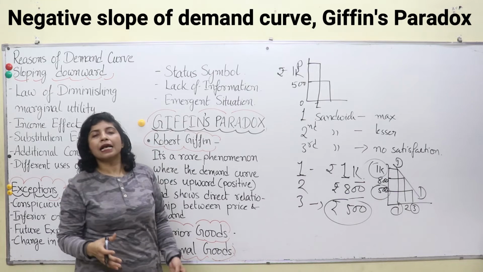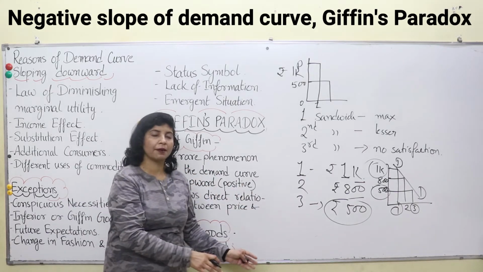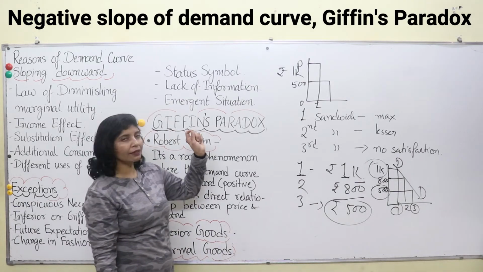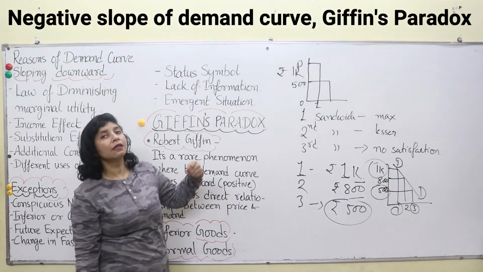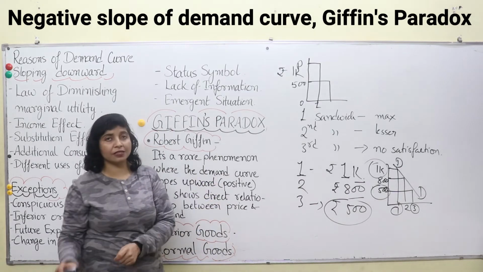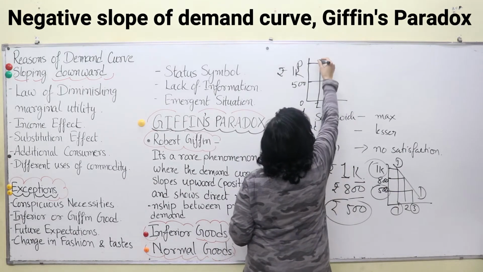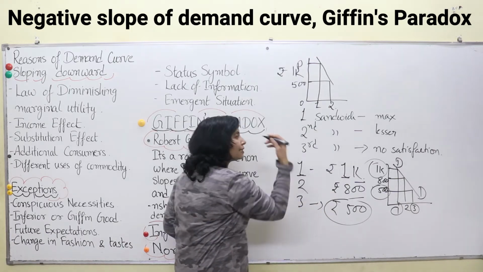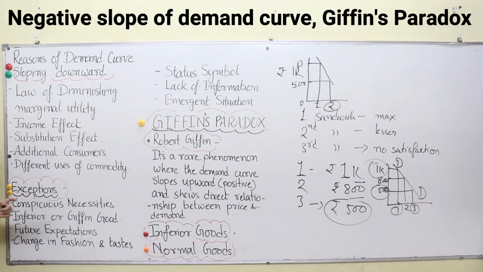Real income means the amount of goods and services we are able to purchase with the same amount of money. Previously I was able to purchase only one bottle with 1000 rupees, but now with the same 1000 rupees I am able to purchase 2 bottles. That means my real income has increased. So with a decrease in price, our real income increases, and with an increase in income we can purchase more commodities. That means the income effect is acting there.